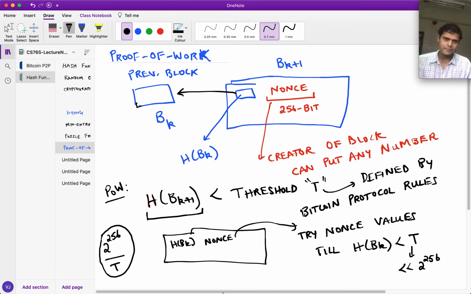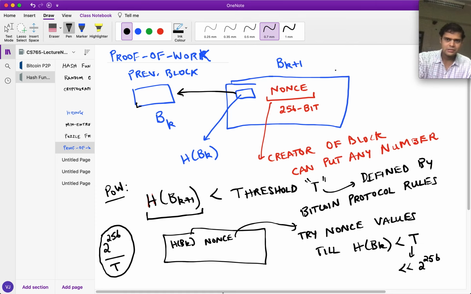Okay. So what happens is that somebody finds a block and then he ships it out, and everybody else checks that the hash value of his block is indeed less than the threshold, and of course that it satisfies other rules of Bitcoin. If it does, that is decided by everybody to be the next block. Okay. And then the game continues again.